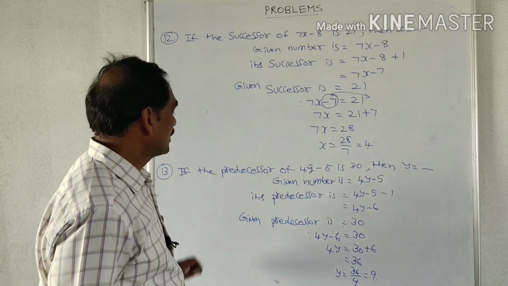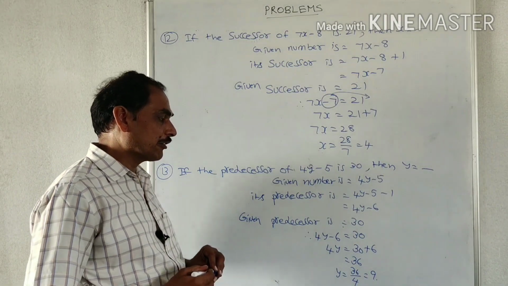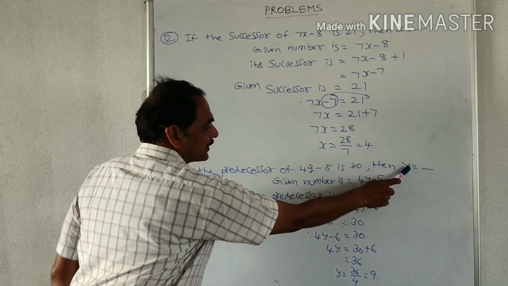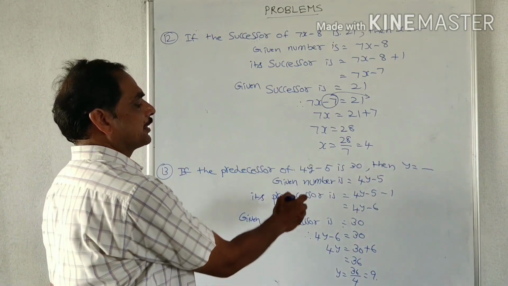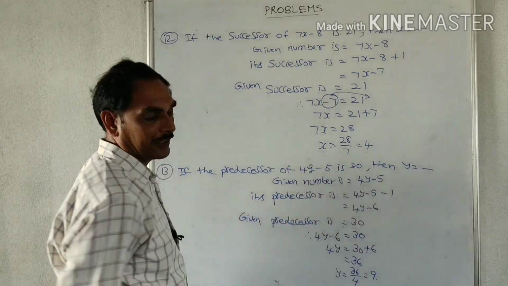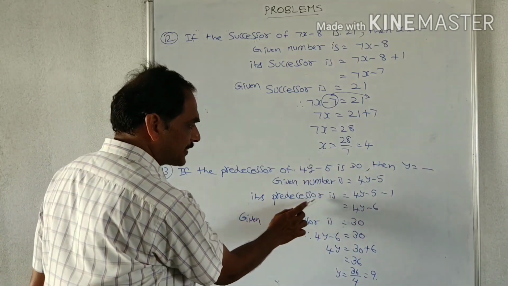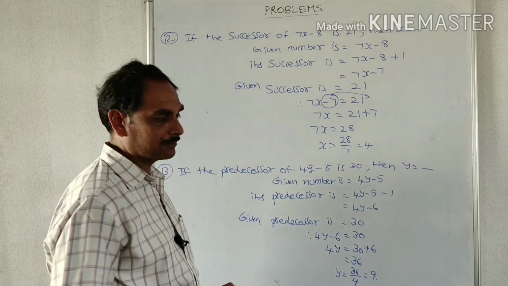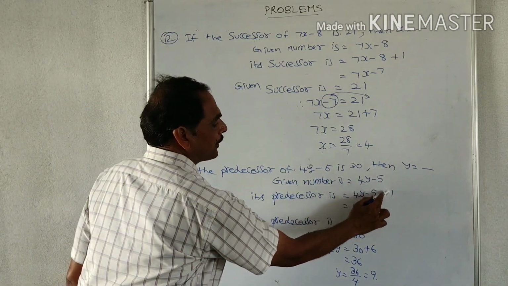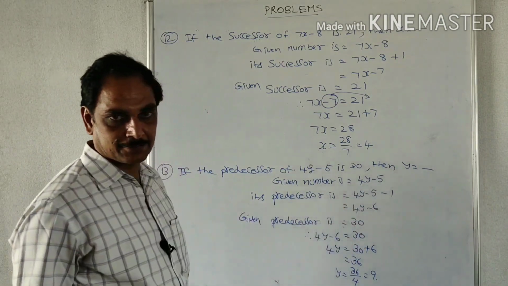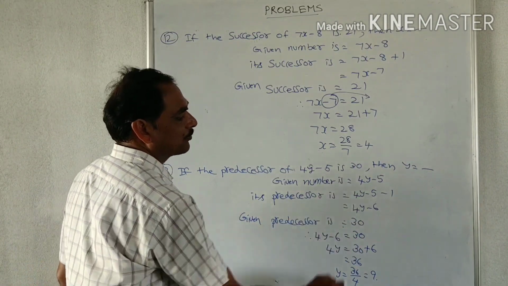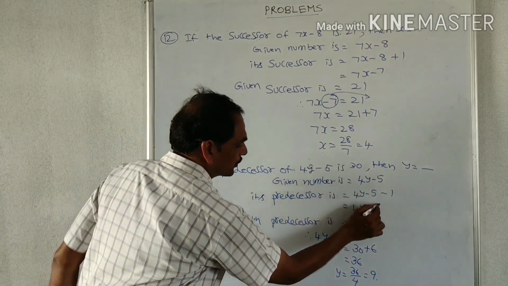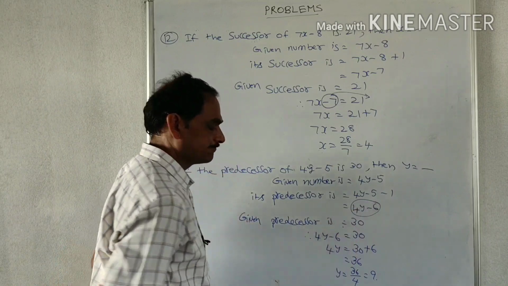Next, if the predecessor of 4y minus 5 is 30, then y equals what? Here also the given number is 4y minus 5. Its predecessor means subtract 1. So 4y minus 5 minus 1, 4y minus 6. The given predecessor is 30. So 4y minus 6 equals 30.